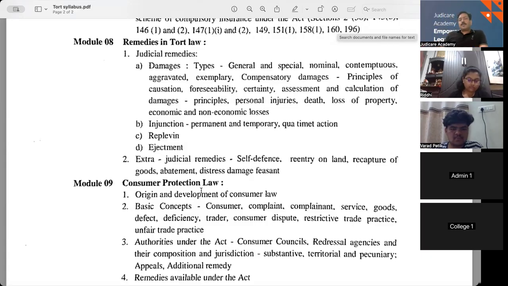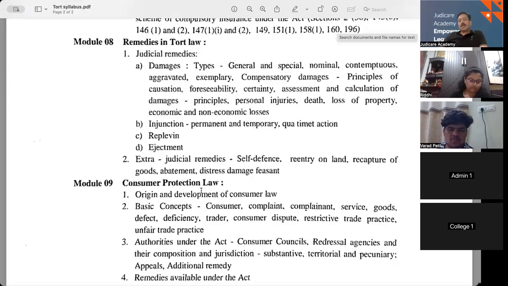Re-entry on land: you were actually the person owning that particular land and you have just re-entered it, while the plaintiff himself is the one who has entered the premises. Or you have no other provision to enter your land and you have to go through that land and you are re-entering it. In those cases, the defense of re-entry on the land can be taken.